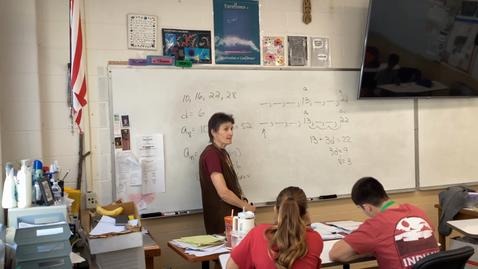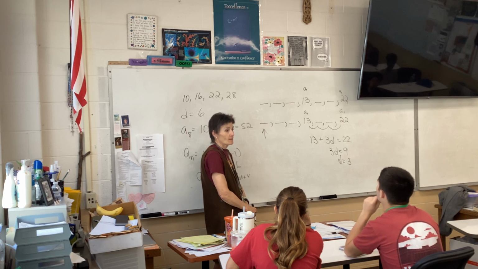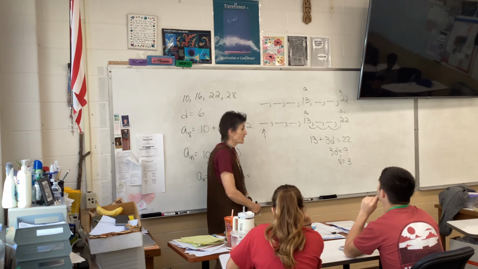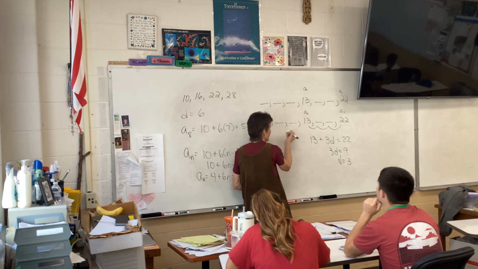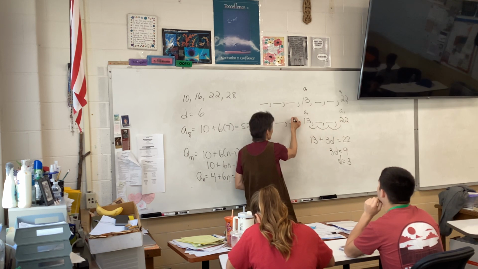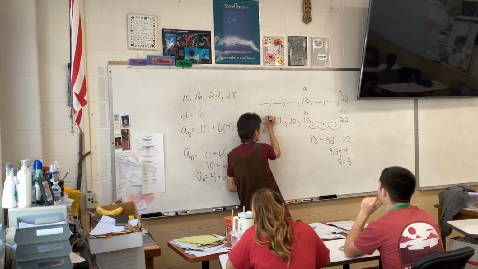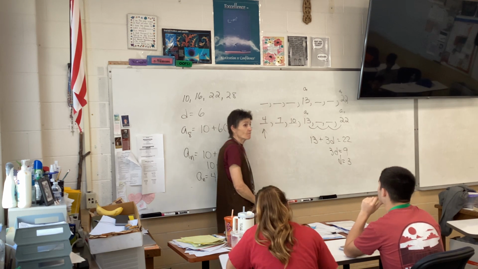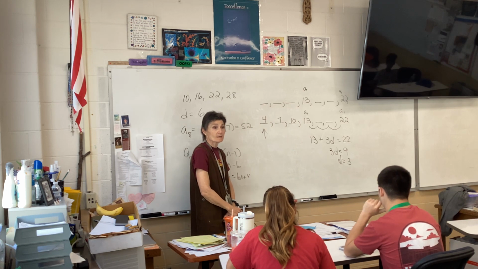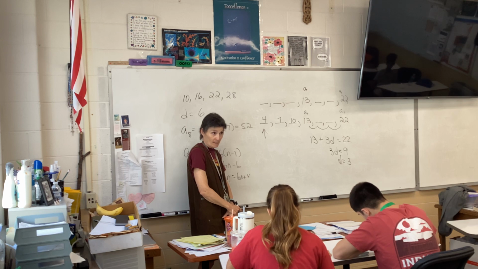How could I find the 1st term? Go back 3. Jack says if I'm going this way, I won't add 3, I will subtract it. So this is 10, this is 7, and this is 4. So the 1st term is 4. Does that make sense to everybody?